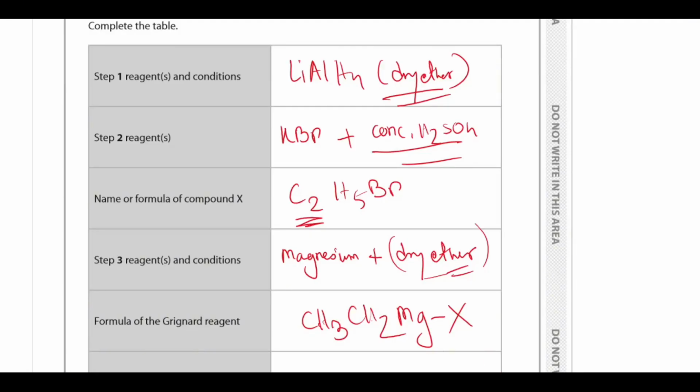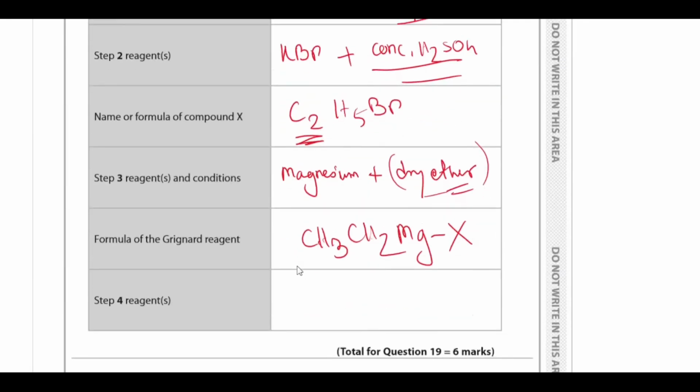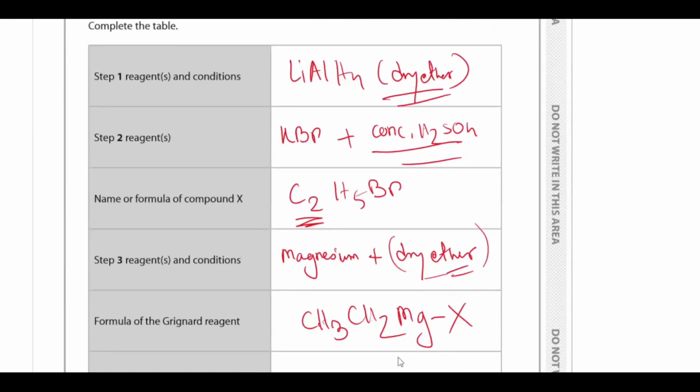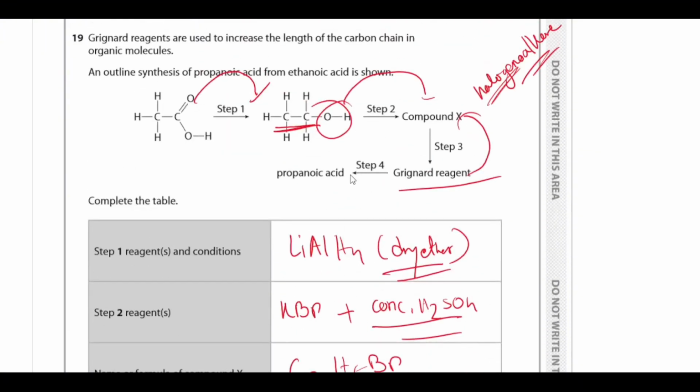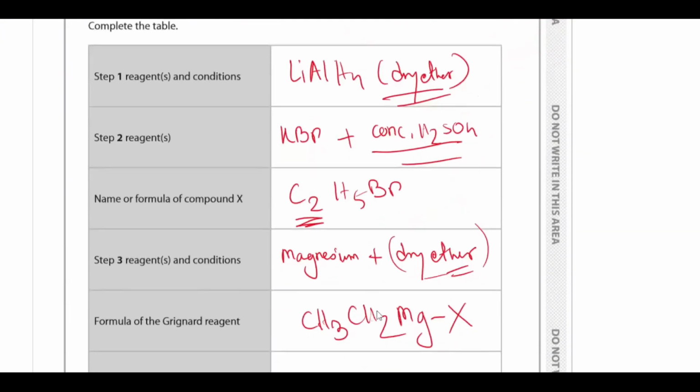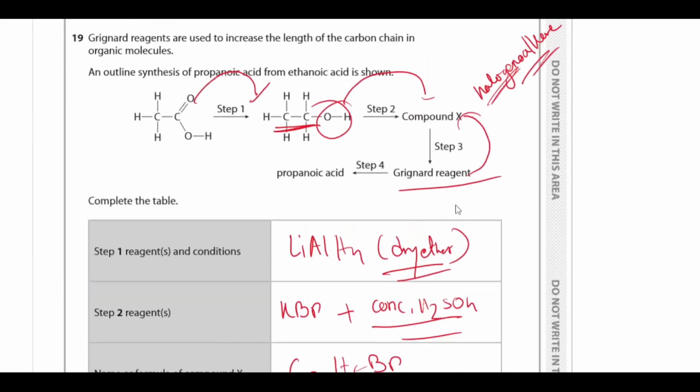In step 4, we can clearly see that after the Grignard reagent has been added, in order to convert this into propanoic acid so that this X goes away, we basically perform hydrolysis. This hydrolysis will cause the carboxyl group to get added, and the magnesium and the halogen to get removed or discarded from the main compound.